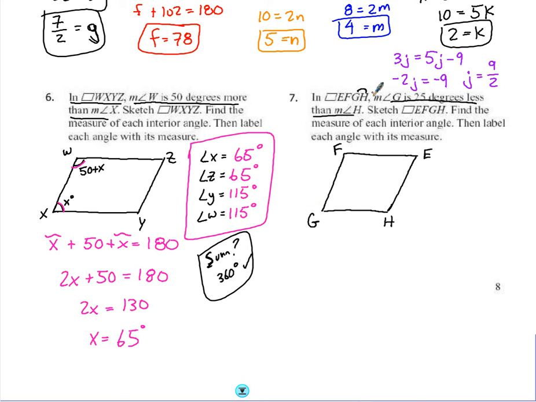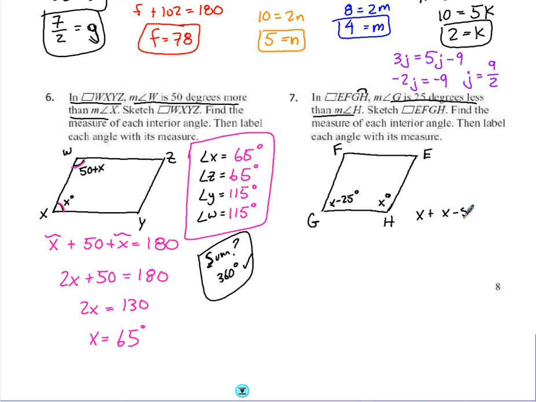So if H is X degrees, then G would be 25 less than that. It'd be X minus 25 degrees. So since these angles are supplementary, because they're made by consecutive angles in the parallelogram, that means that X plus X minus 25, that sum is going to be equal to 180.